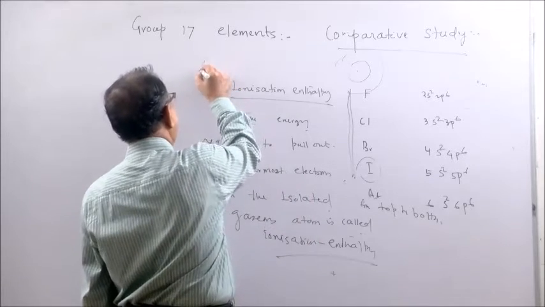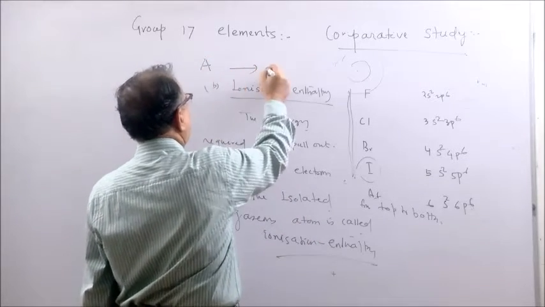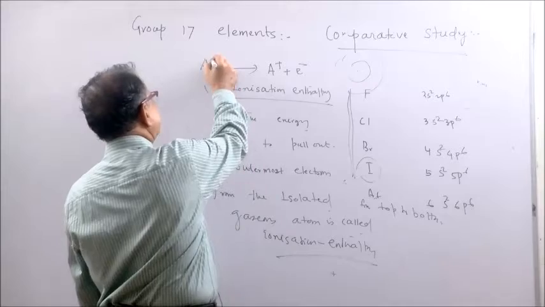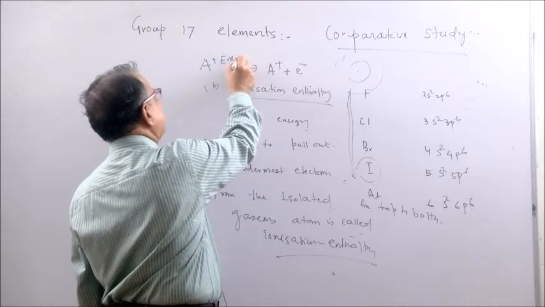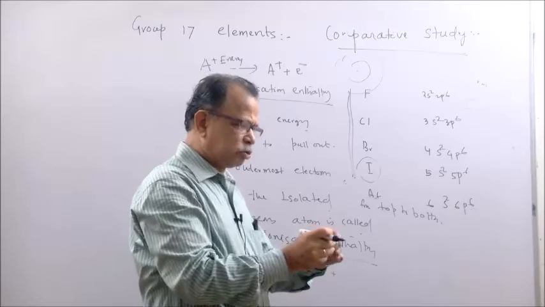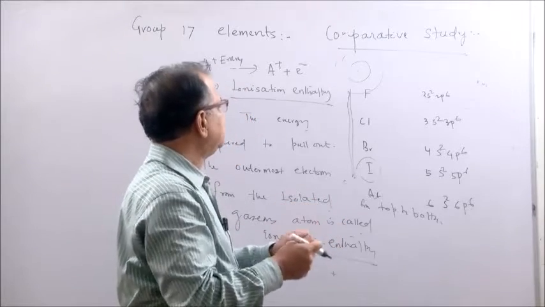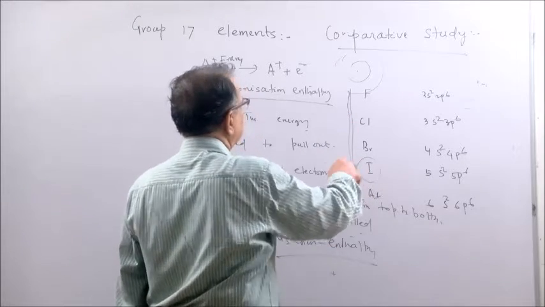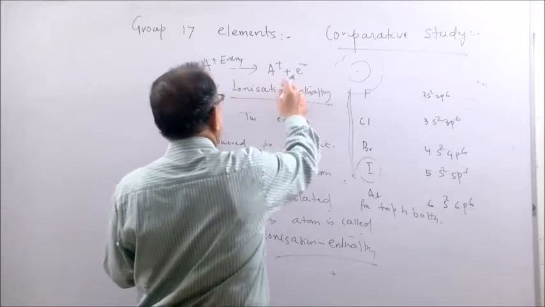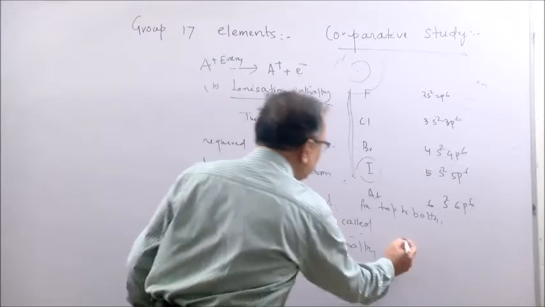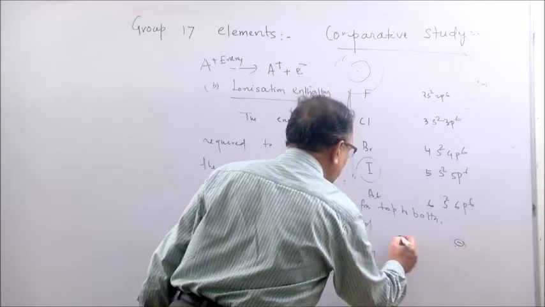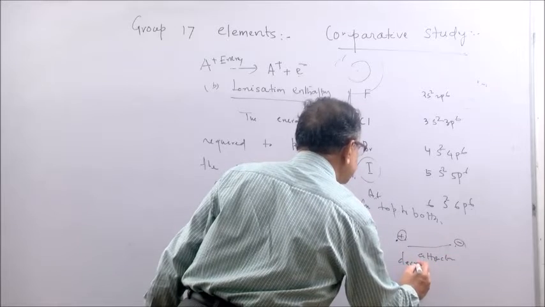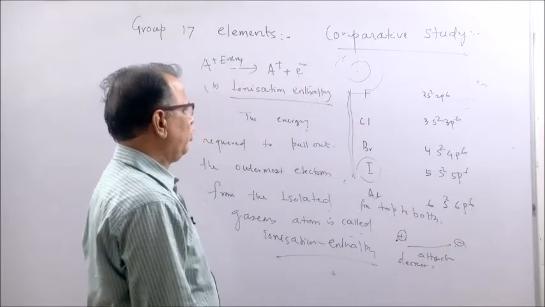When there is an atom A, you take one electron out: A gives A plus, plus an electron, with energy. We supply some energy to take out the electron. If the electron is closer, more energy is needed; if it is farther, less energy is needed. So in the case of a bigger size, we can easily take out the electron because the force of attraction decreases. The nucleus is positive and the electron is negative, so the attraction decreases, hence the ionization energy will be less.